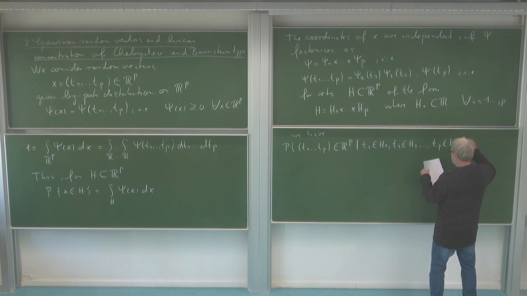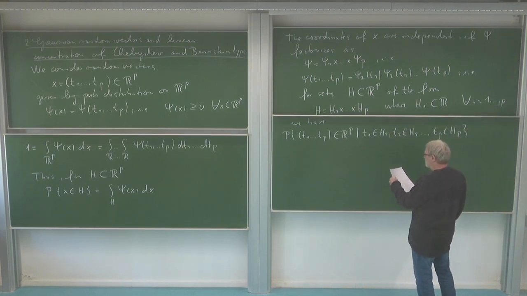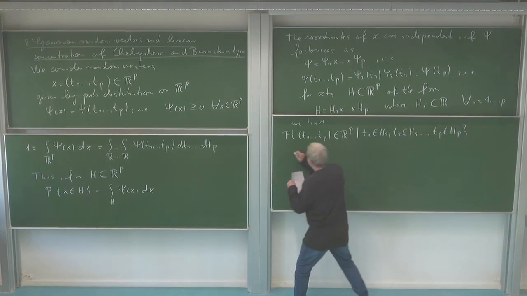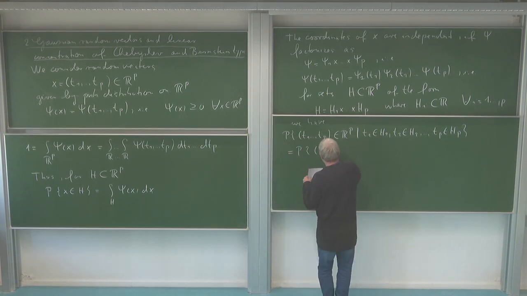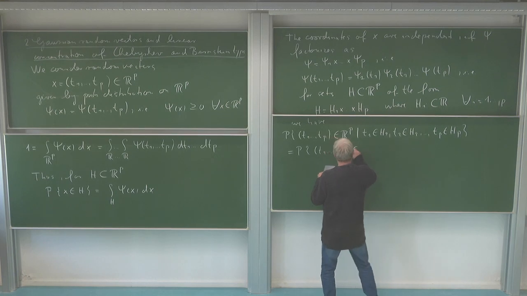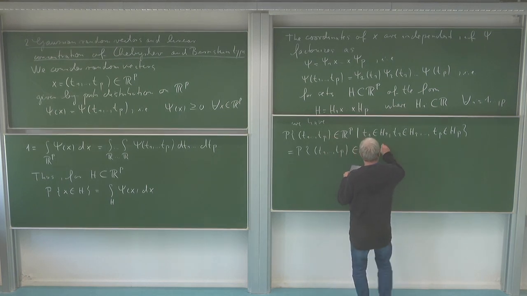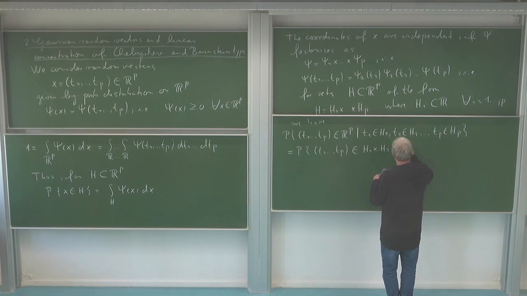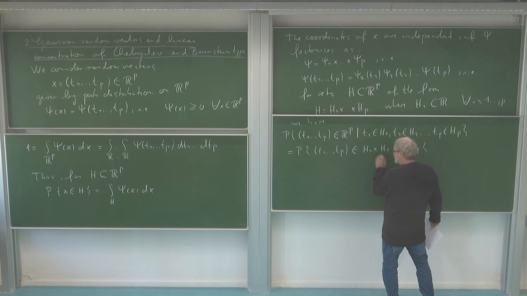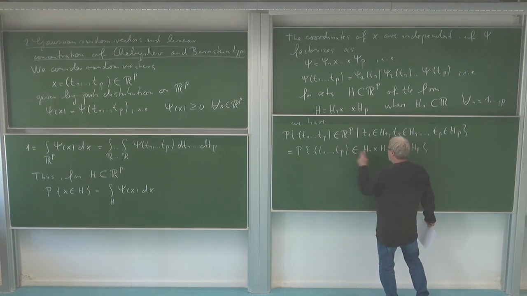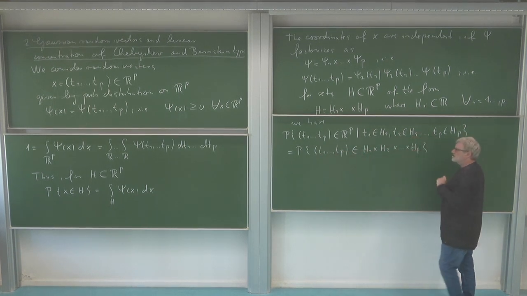That's what it means, that my tuple t1 up to tp is in this product set H1 cross H2 cross Hp. This tuple is in this set means first component is here, second component is here, last component is here.